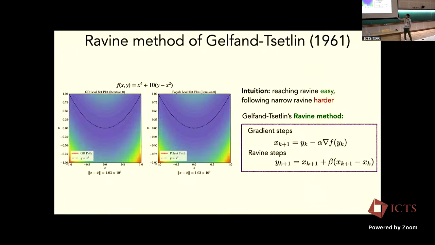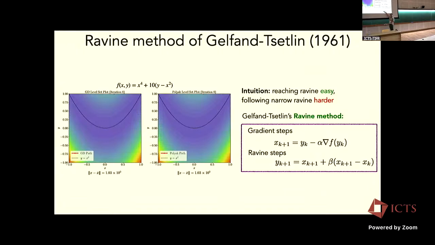The idea is that you want to take a gradient step because that will hopefully bring you to the ravine. Once you're on the ravine, you want to continue in that direction. You want to have momentum along that direction. So this momentum term plays the role of a tangent vector to the ravine. It's hopefully going in that direction.